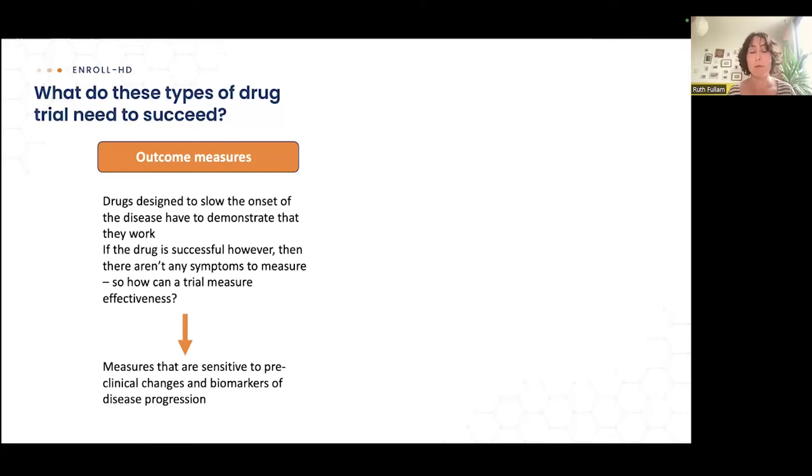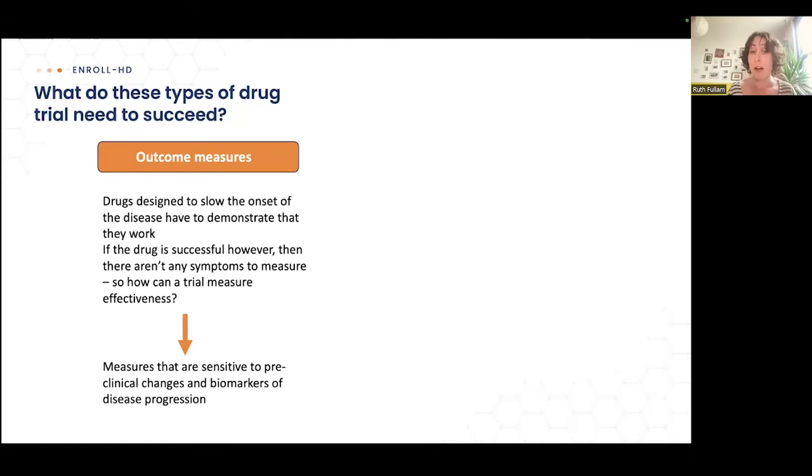So, put really simply, if you had a protein that just increased over time as Huntington's got worse, then that would be a really nice example of a biomarker. So if you had a drug that worked, then you could also show that, compared to people who are not on the drug, that protein is dropping off.